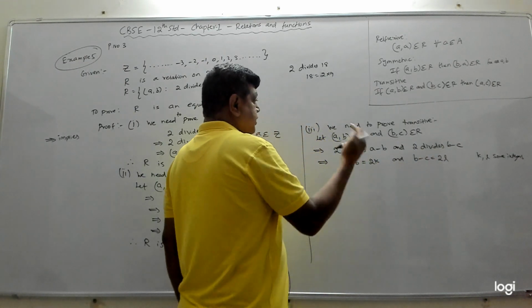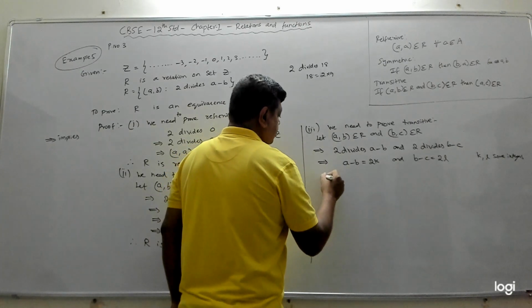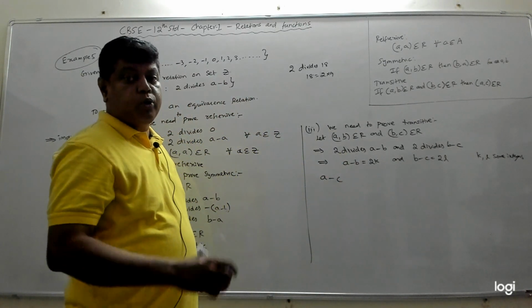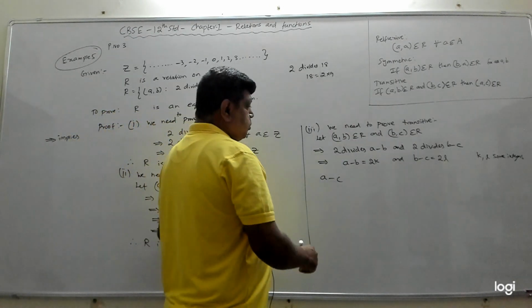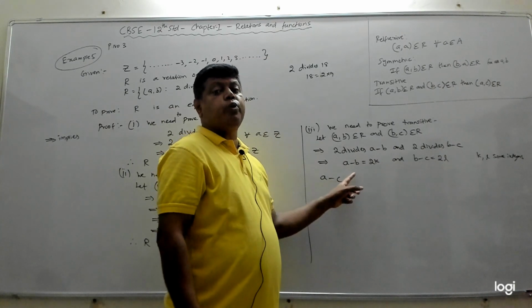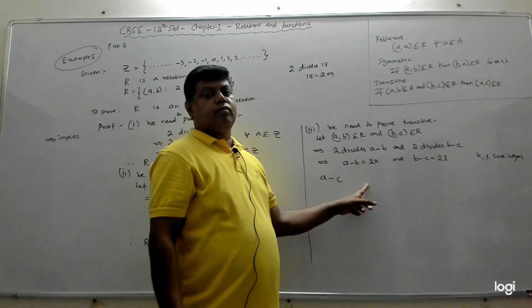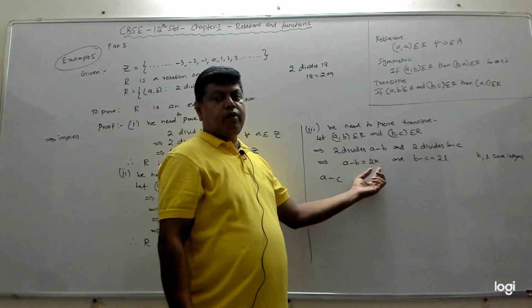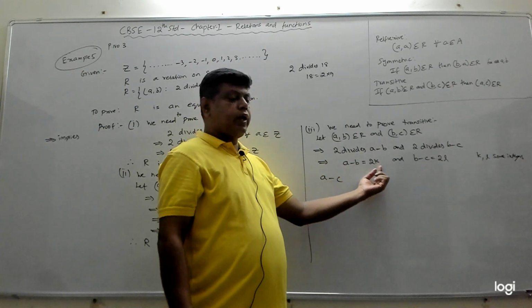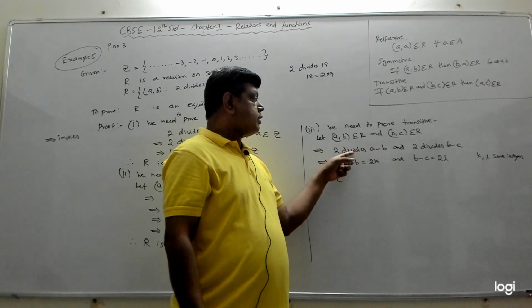Now, let's take what is a minus c. We should prove that 2 divides a minus c, which means 2 will divide a minus c if a minus c is equal to 2 into some integer. If a minus b is equal to 2 into K, then we can say 2 divides a minus b.